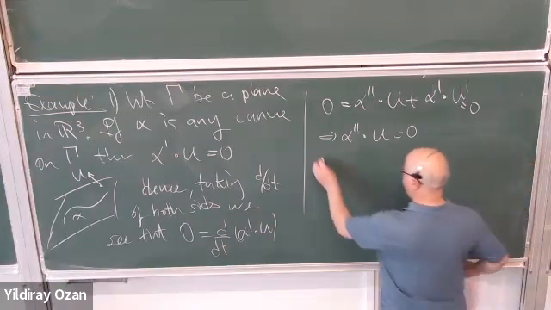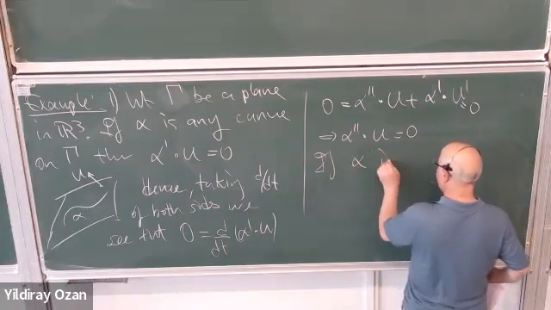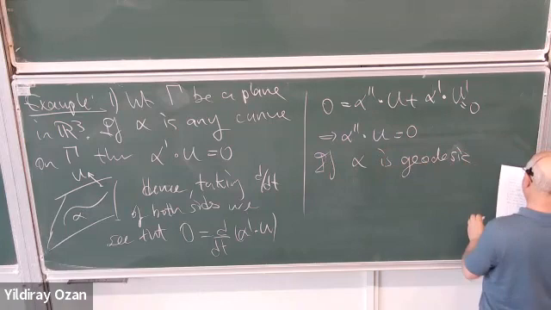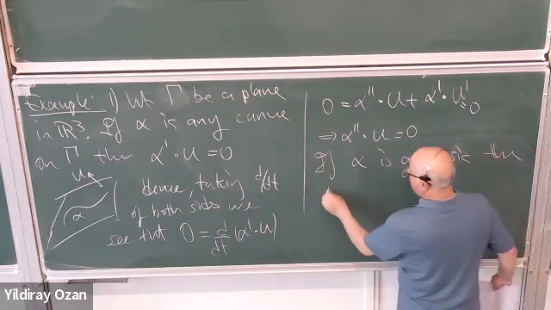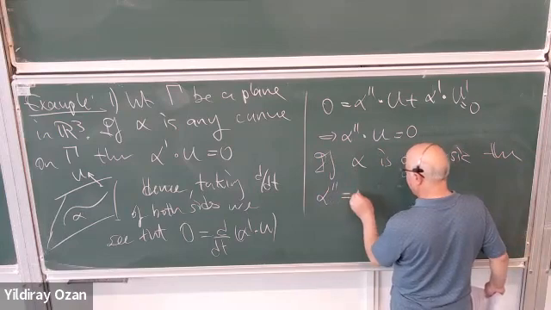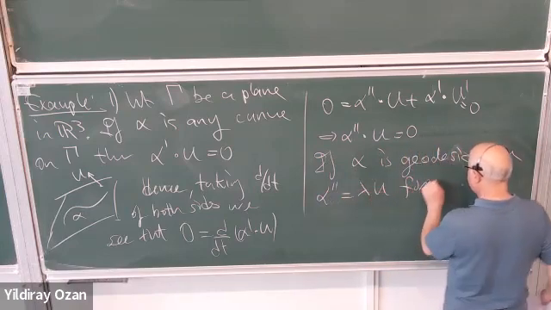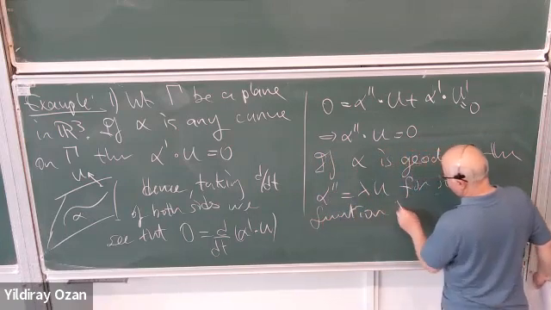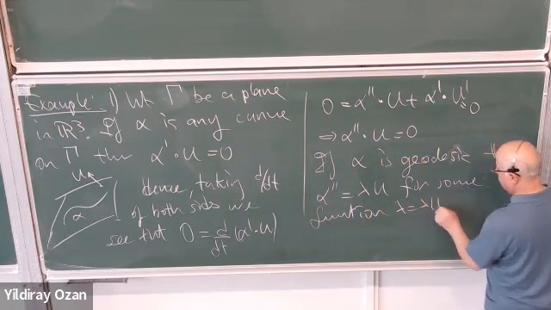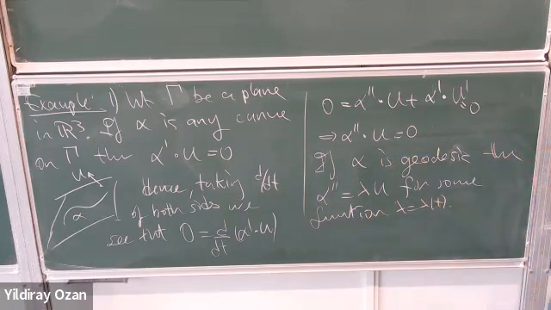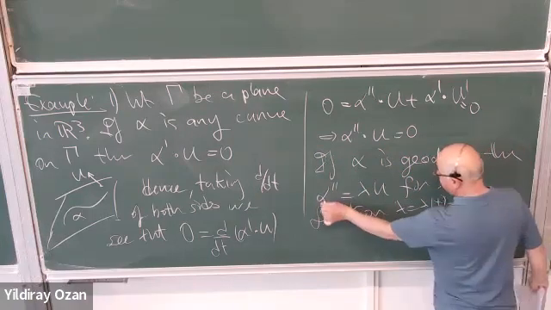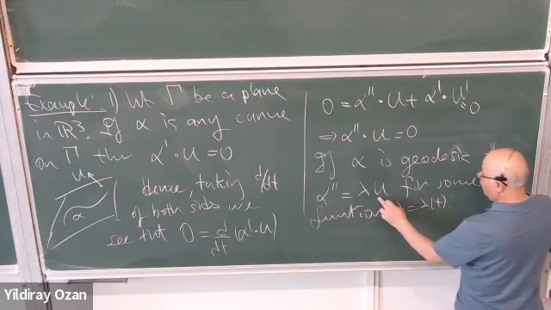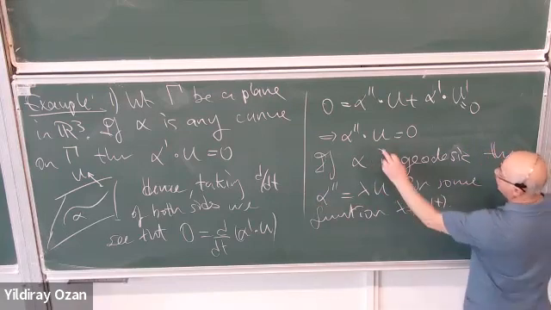Now, if alpha is a geodesic, then second derivative of alpha is lambda times u for some function lambda of t, right? Because geodesic means its acceleration vector is perpendicular to the surface. Okay. Now let's put this into this equation.